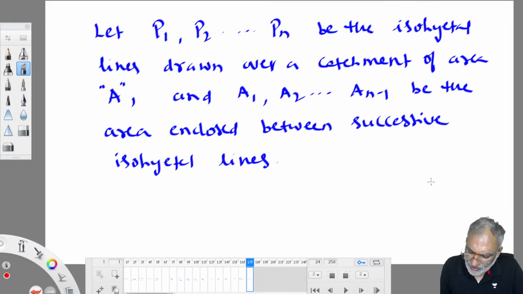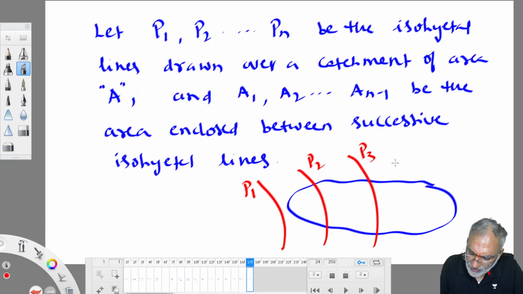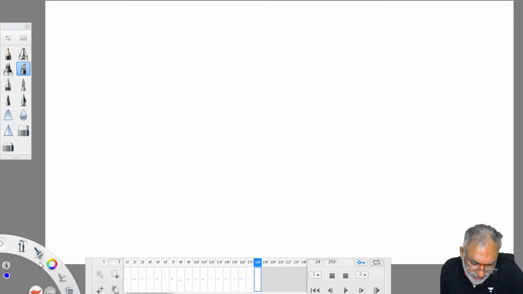This is a catchment. They will give you this isohyetal line for P1 rainfall, this one for P2 rainfall, this one for P3, P4, like this over the total catchment. Then the areas enclosed between them are also given to you: A1, A2, like that.